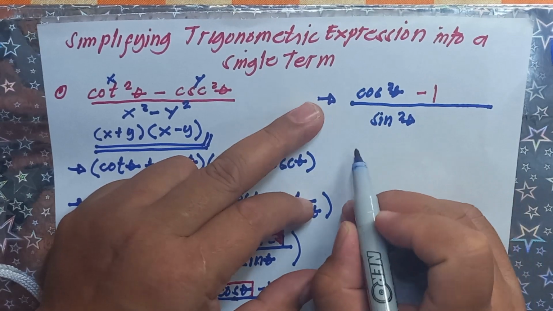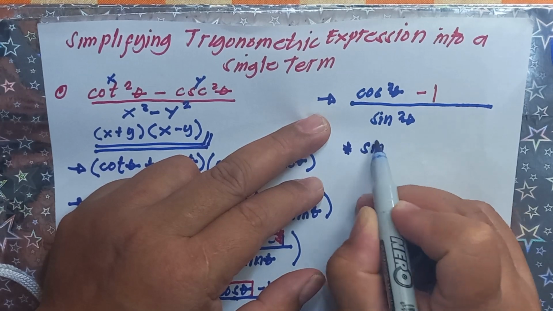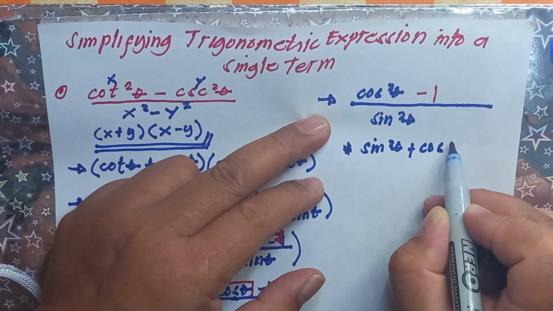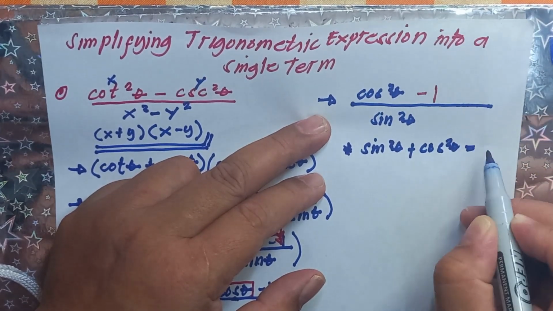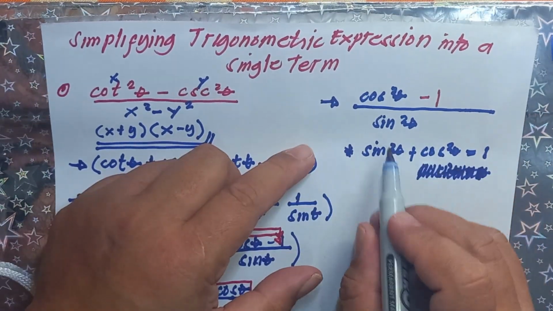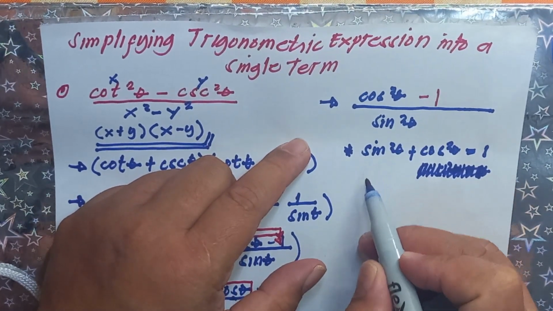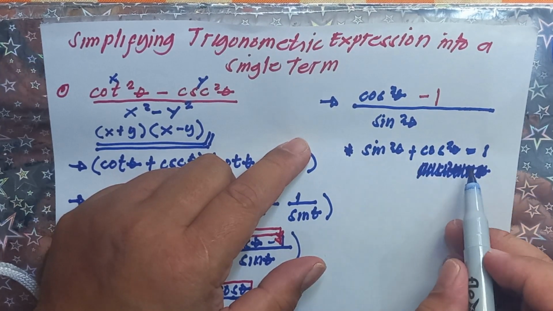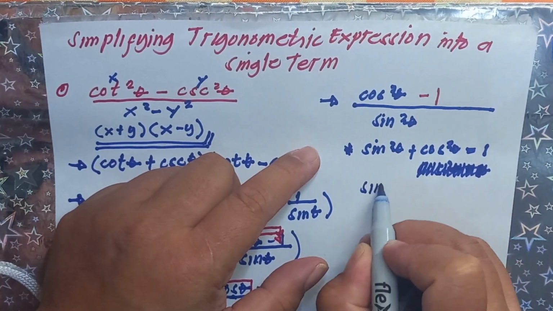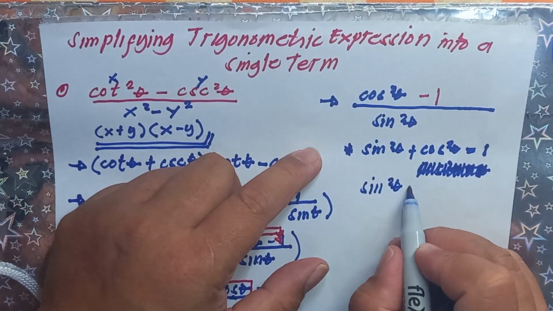Remember that sine squared theta plus cosine squared theta is the same as 1. To get the value of sine squared theta, we have to derive it from our Pythagorean identities.